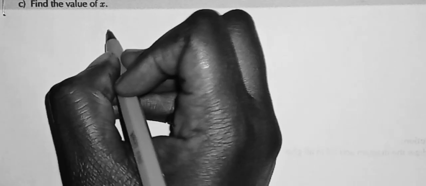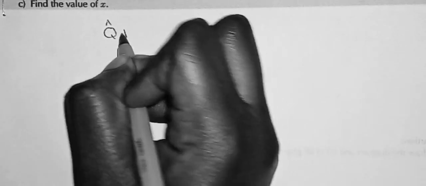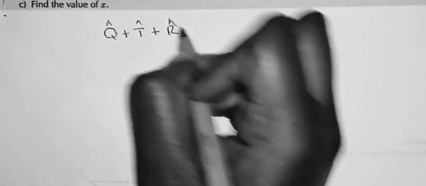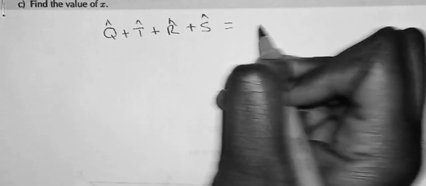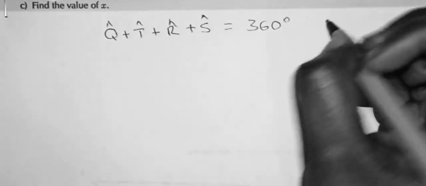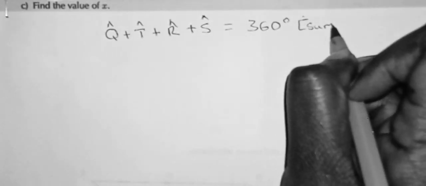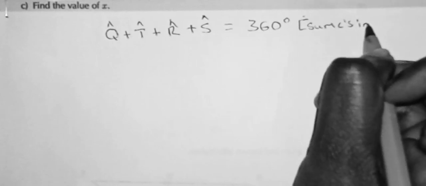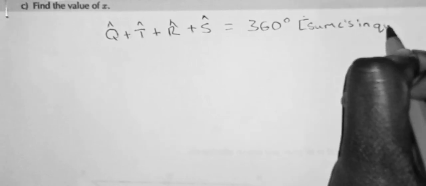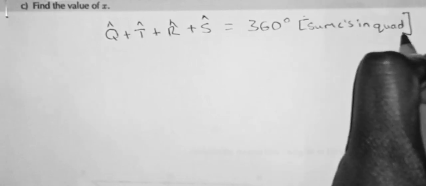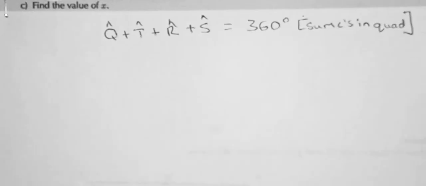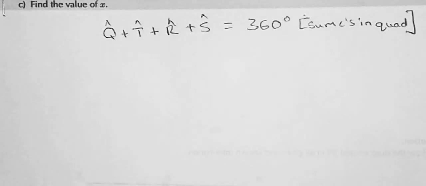So you're going to say angle Q plus angle T plus angle R plus angle S is equal to 360 degrees. The reason is sum of angles in a quadrilateral.